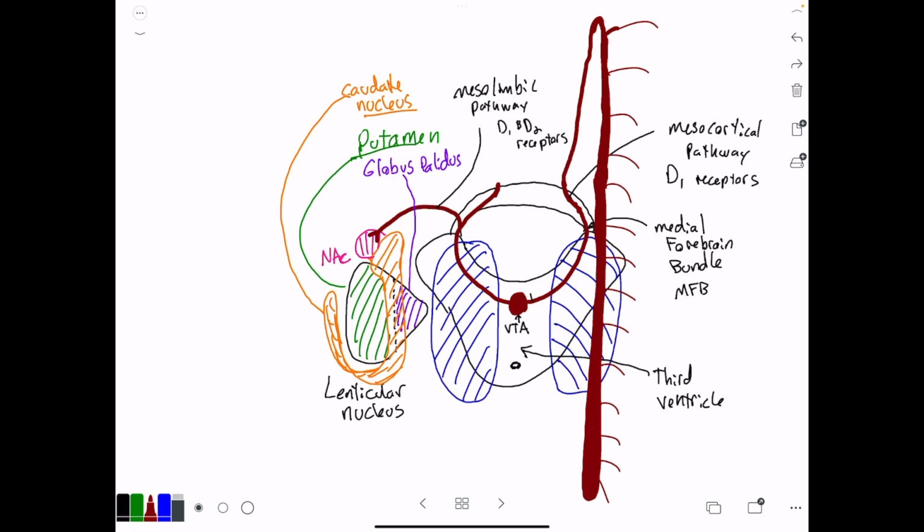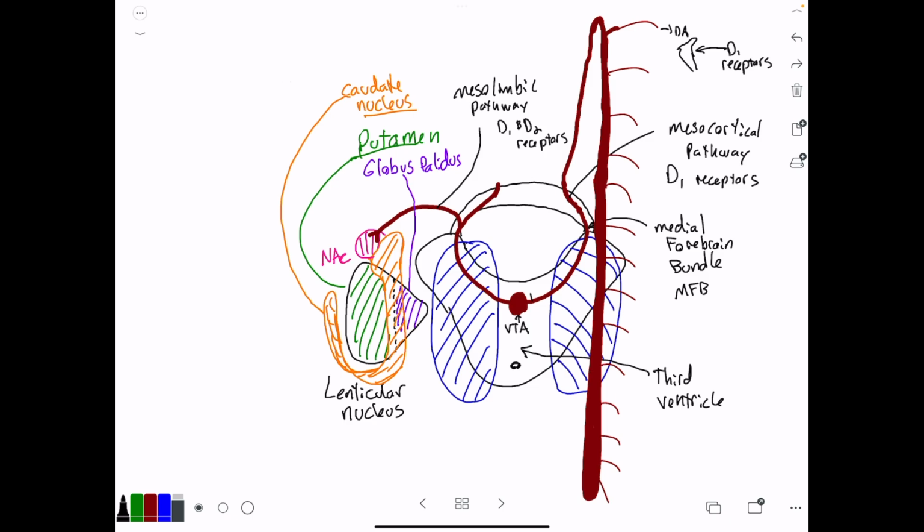And all of the neurons that this synapses onto, because these are releasing dopamine, are synapsing onto target neurons in the cortex, and they are going to have D1 receptors, right?